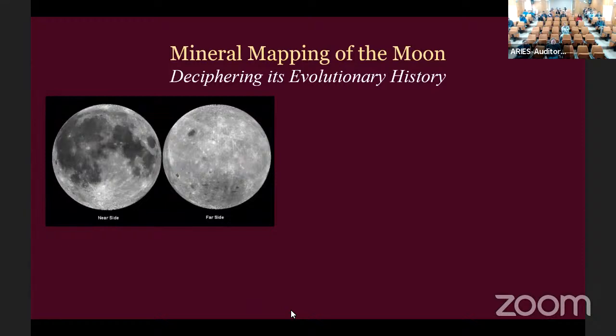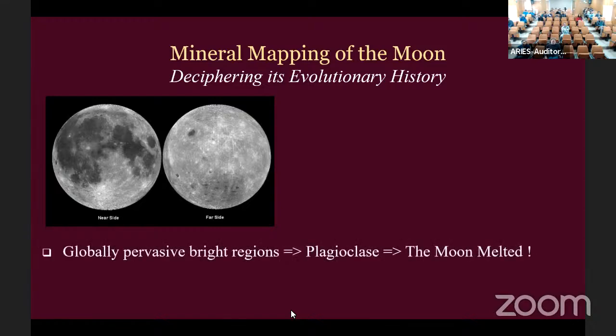The change here is instead of looking at the landscape, we are now looking at composition. When you look at this terrain in terms of composition, we know that the bright regions are made up of just one mineral. It's called plagioclase. It's made up of calcium, aluminium, and silicon.